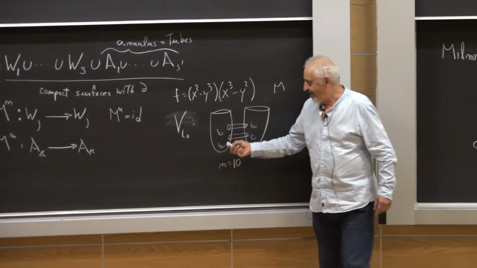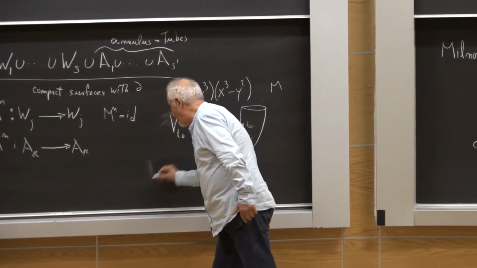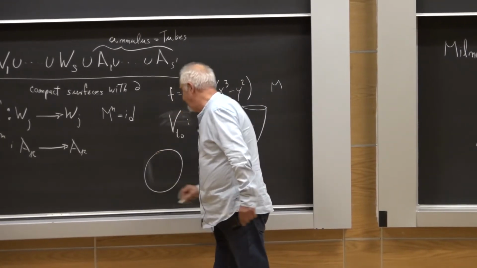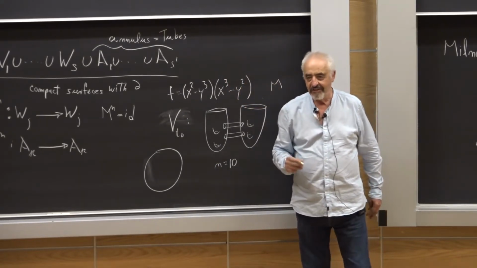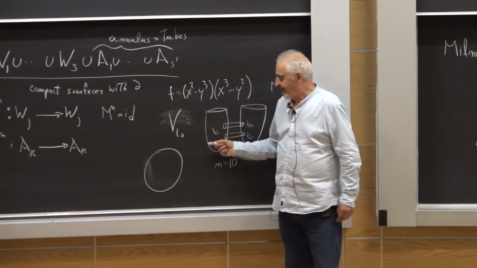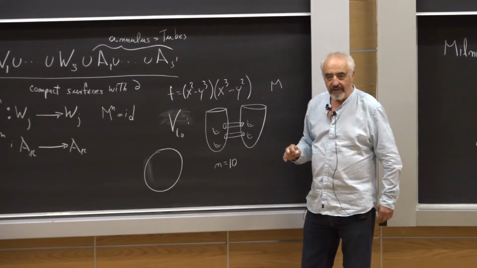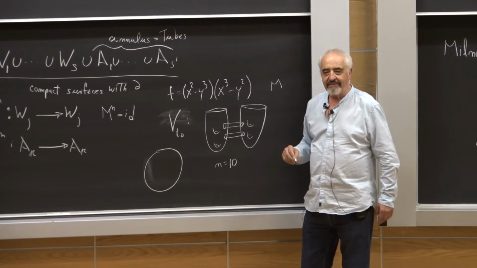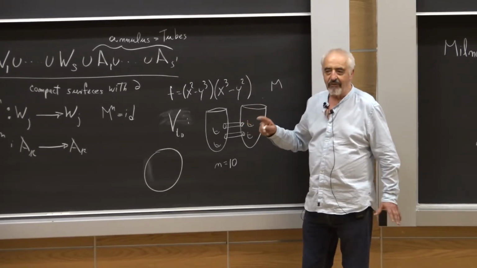Now, the monodromy theorem asserts that the eigenvalues of the algebraic monodromy are roots of unity, and that the size of the Jordan blocks, in this case, are bounded by 2.